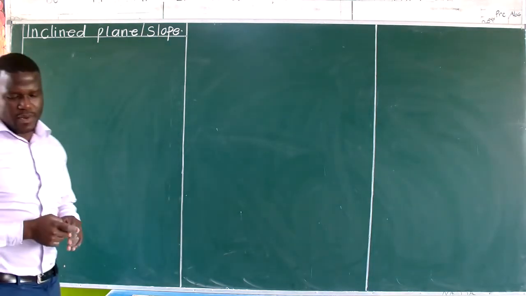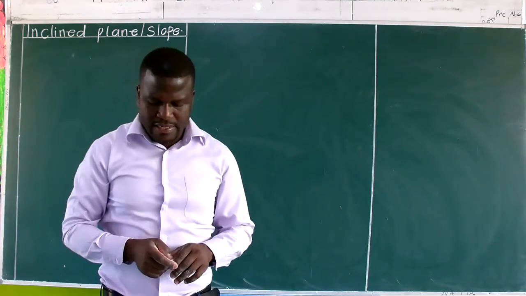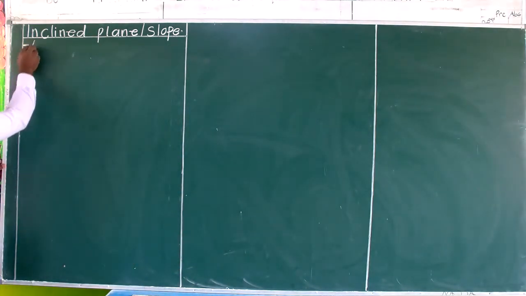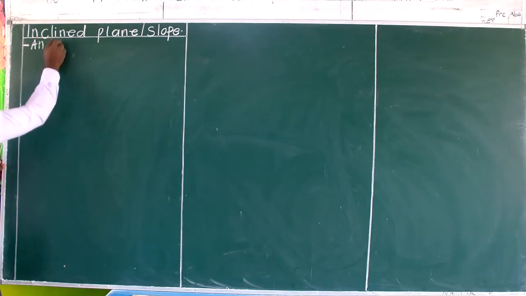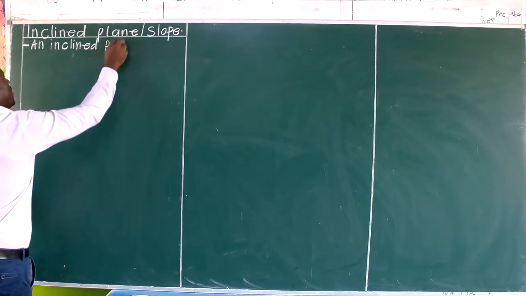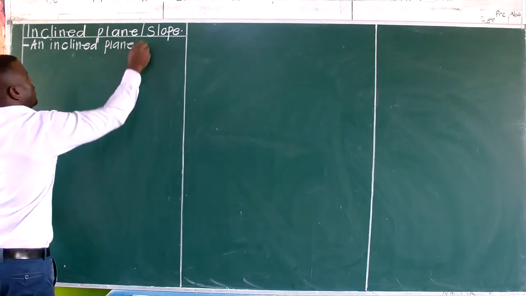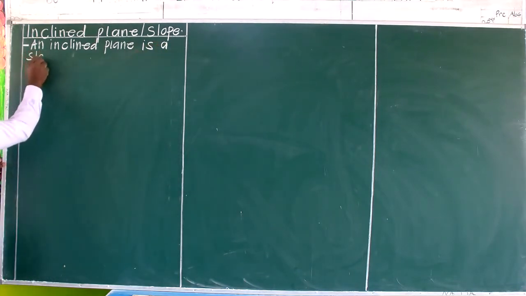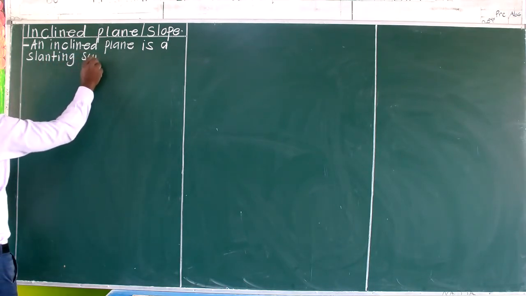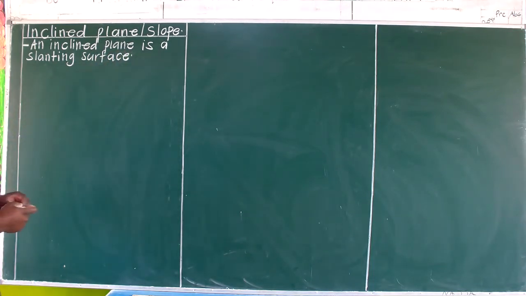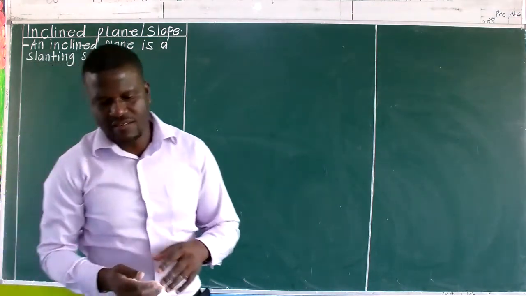And what is an inclined plane? An inclined plane is a slanting surface.